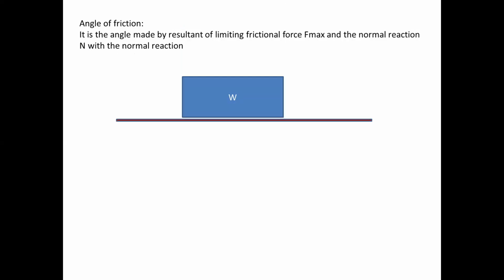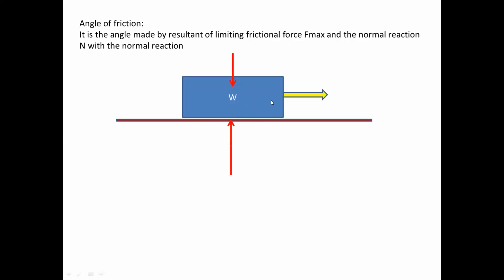Suppose we have one block having the weight W. It is kept on the horizontal surface. So in this condition, two forces will be acting on the block. One is the self weight W, and the second force will be the normal reaction offered by this horizontal surface to the block W. So this is the normal reaction.